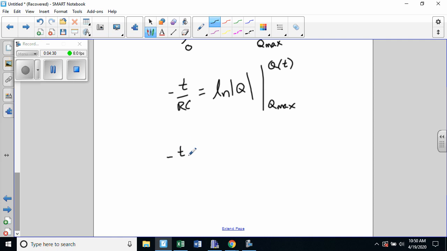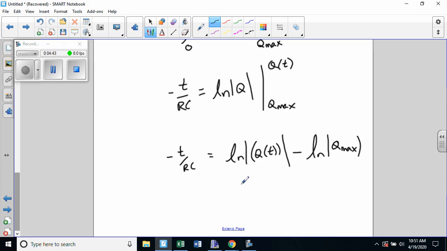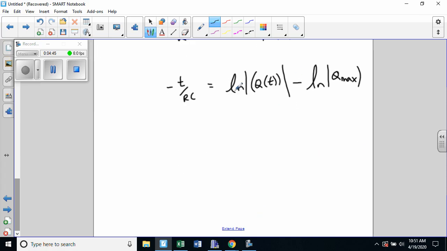So minus t over RC is equal to the natural log of Q as a function of time minus the natural log of Q max. Of course, when we subtract natural logs, it's the same thing as the natural log of the quotient. So minus t over RC is equal to the natural log of Q as a function of time divided by Q max.